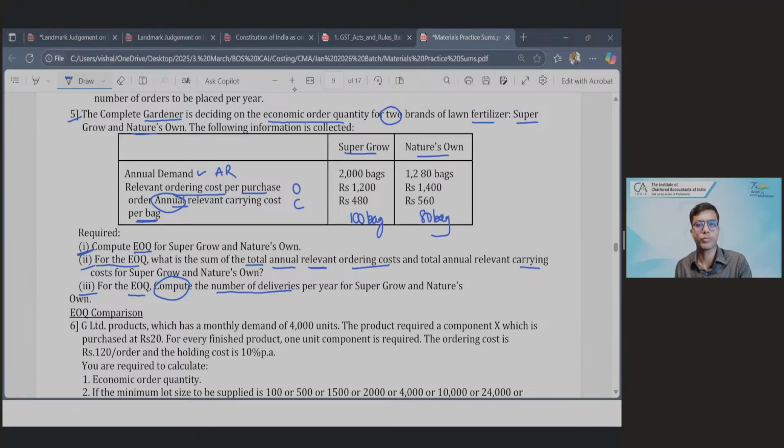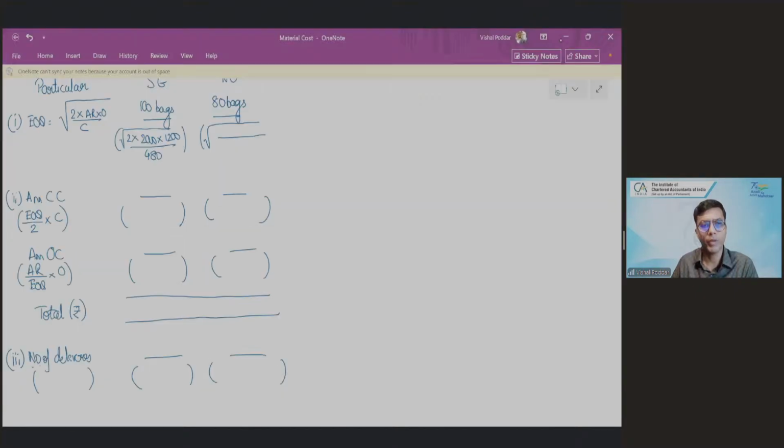Now, for EOQ, my answer is 100. Please write the proper denomination. Here it is in bags, so write bags. Now, when I find the annual carrying cost, it is EOQ upon 2.